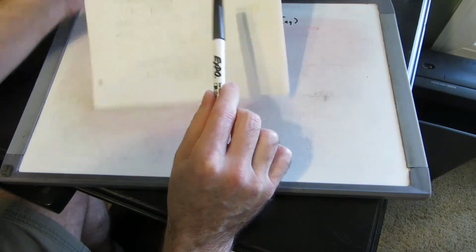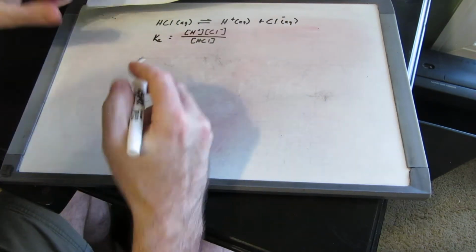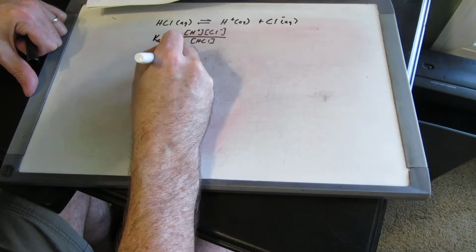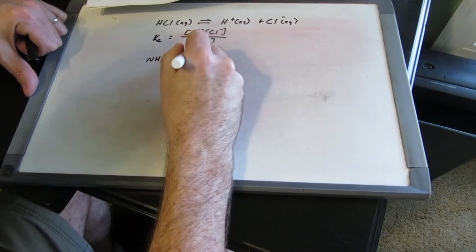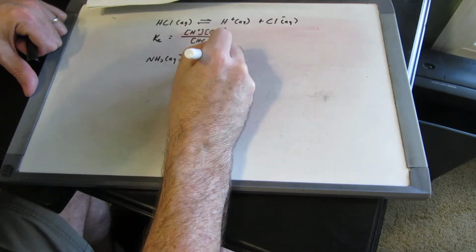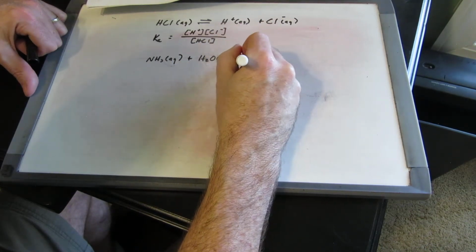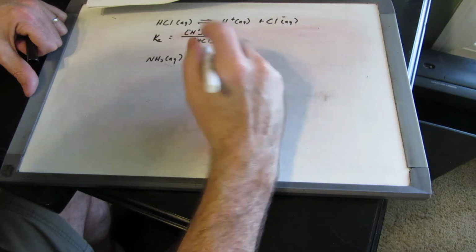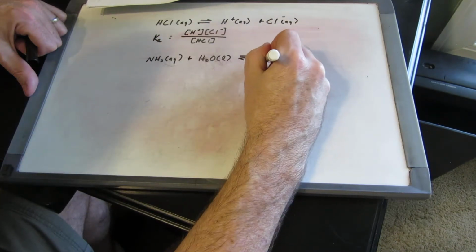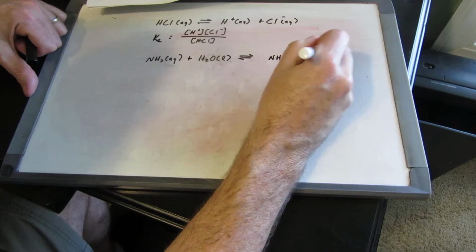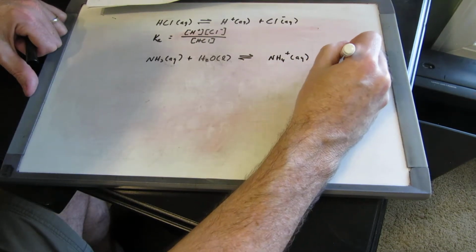So K sub B for that, we'll write this out, NH3 aqueous plus H2O liquid. You're always going to have that liquid H2O if it's a covalent base. So that will make NH4 plus OH minus.